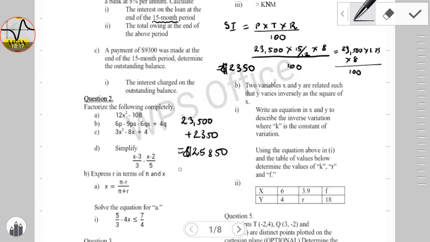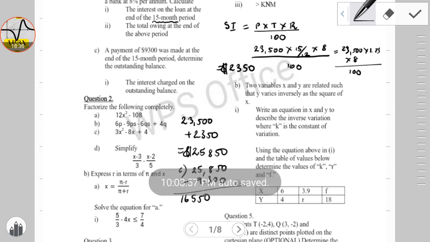So the outstanding balance here, this is part C, would have been equal to 25,850 minus the payment that you made, which is 9,300. Okay, and then therefore that would have given us a total here of $16,550. That would have been the outstanding balance.